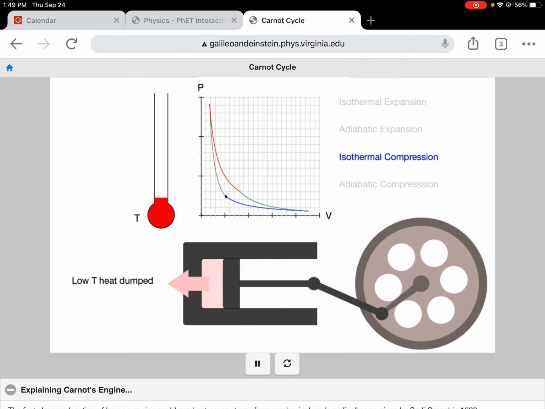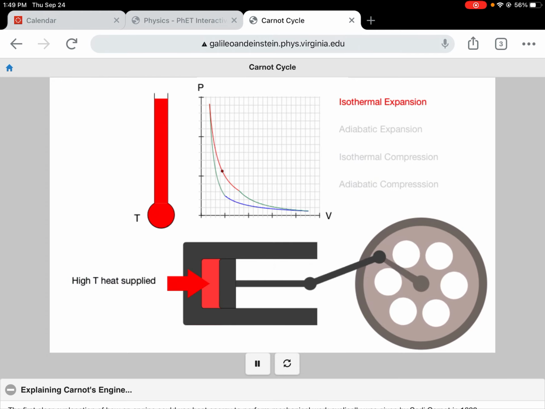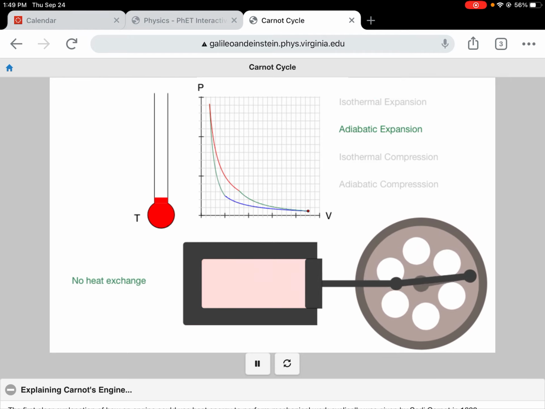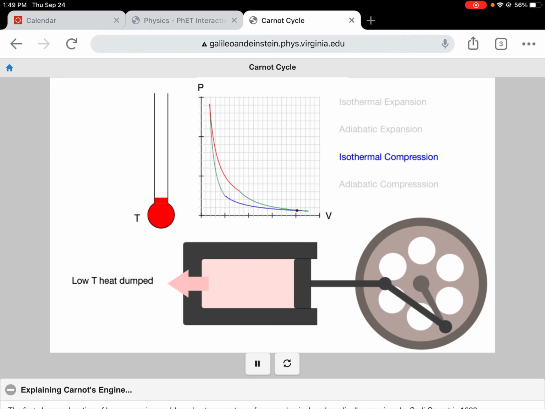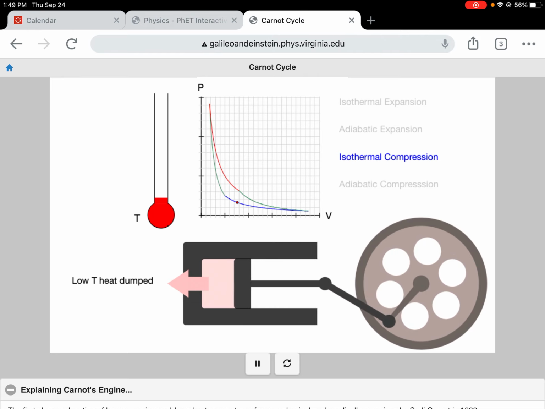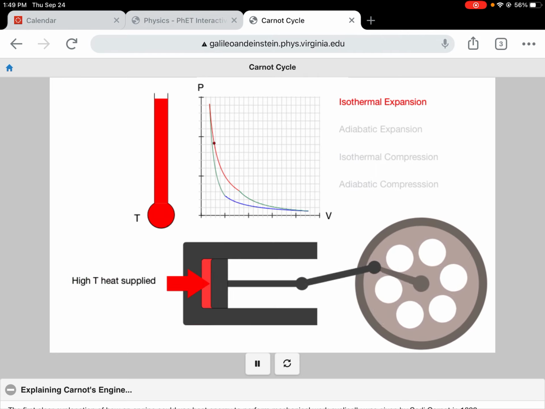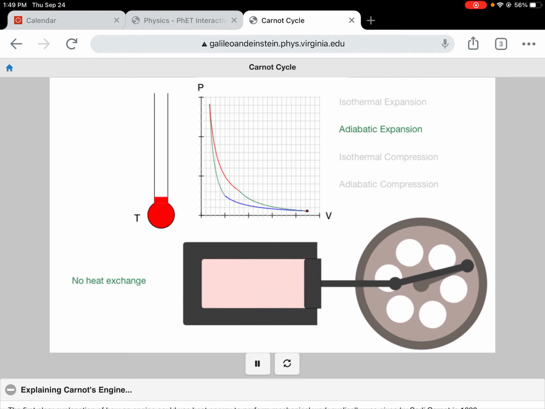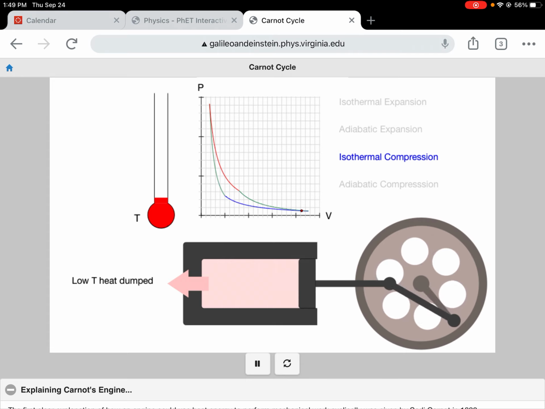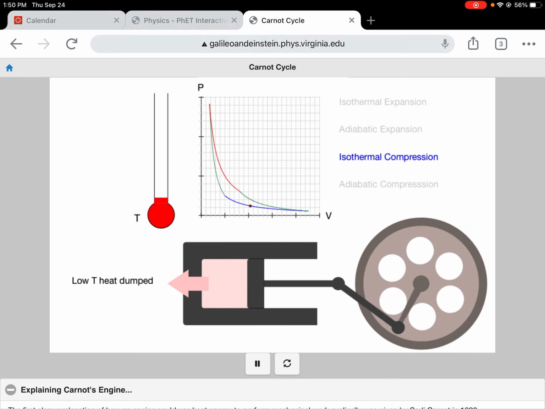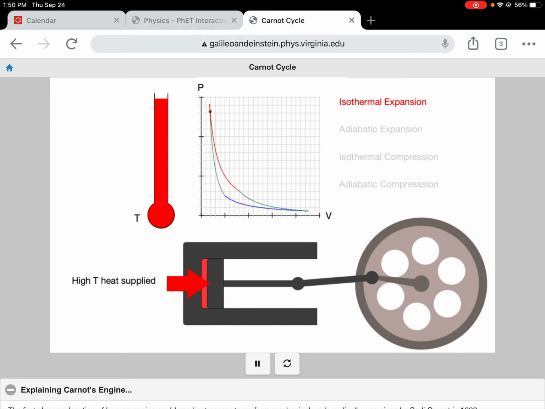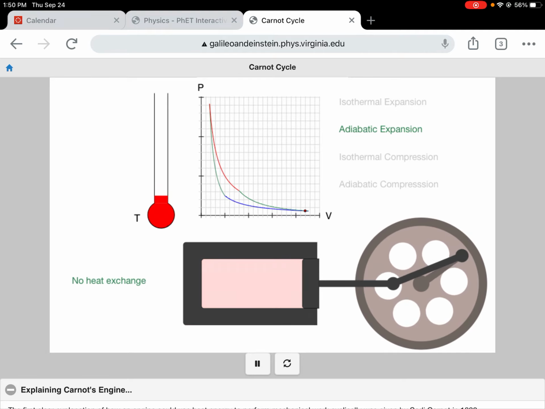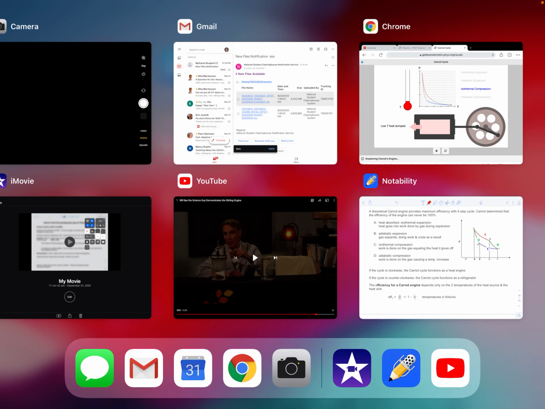Now, what you're not seeing here is that for the adiabatic expansion, there has to be some kind of combustion. And in a combustion engine, like a gasoline engine, there's actually a little explosion that happens inside of the piston. Gas is sprayed into the piston and a little mini explosion happens. So there is the Carnot cycle.